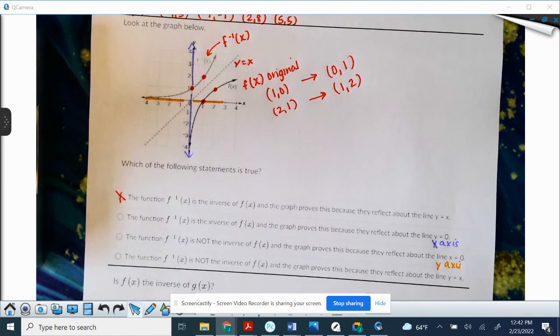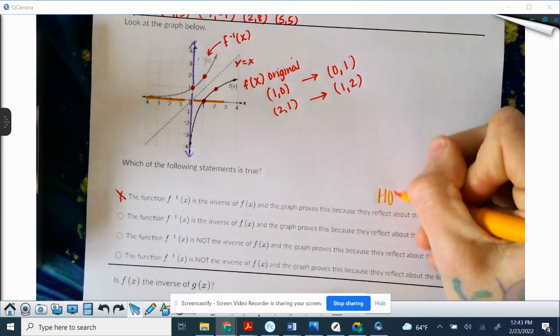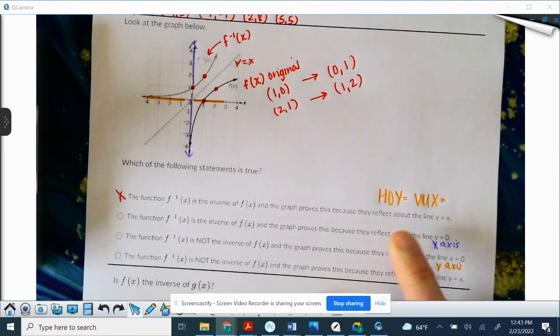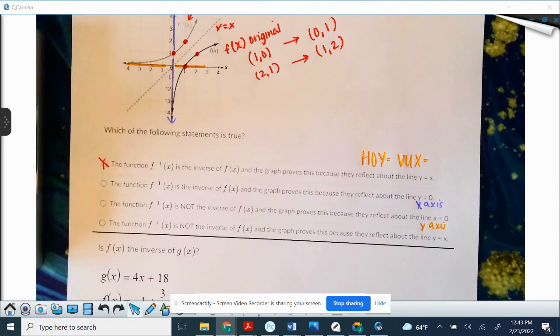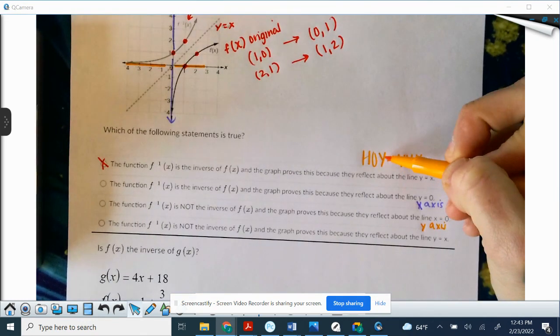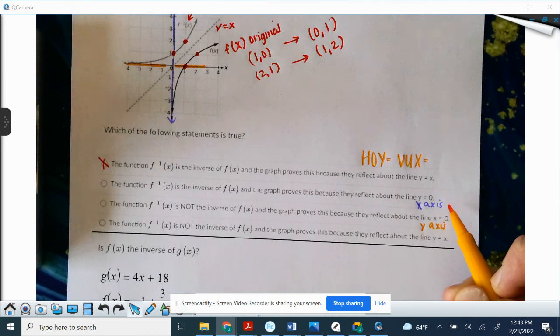Hoy bucks, yes. And if those get confusing for you, because I have a lot of math floating in my head, and so do y'all, this is something a 9th grade student taught me a long time ago. Some middle school teacher teaches that. A horizontal line is a 0 slope, y equals equation. So as soon as you see y equals, you know that is a horizontal line, so it would have to be the x-axis in this case, going through 0.